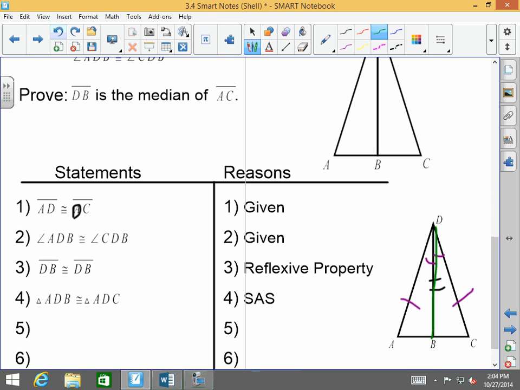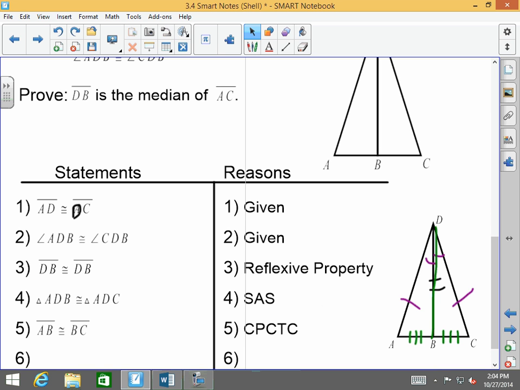So what are we going to prove now that we know that triangle ADB is congruent to ADC? Phenomenal, son. We're going to prove now that AB is congruent to BC. And why? How do we prove that? CPCTC, that's exactly correct.